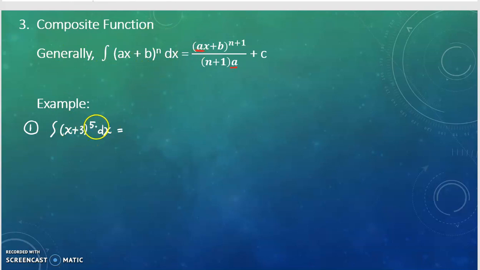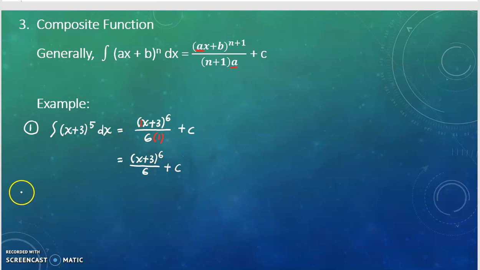Now the index is 5, so we raise the index by 1, and it becomes 6 over 6. The coefficient of x, the value in front of x here, is 1, so we multiply by 1. Then plus c. So it becomes (x + 3)^6 over 6 plus c.